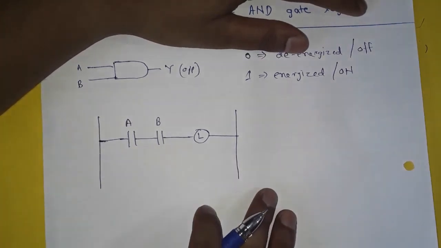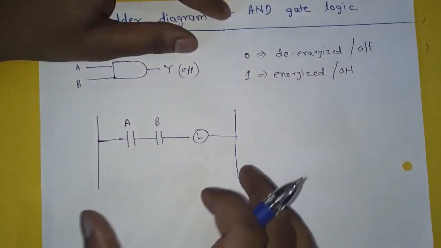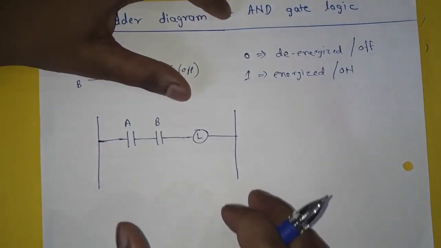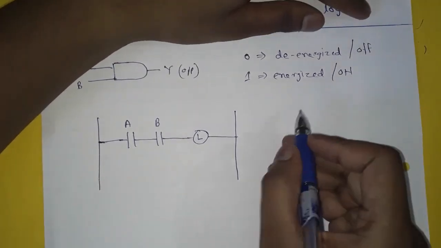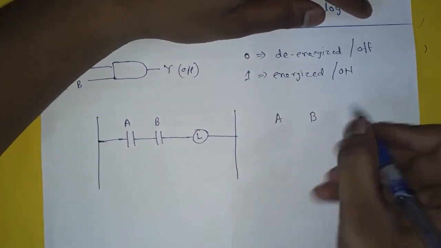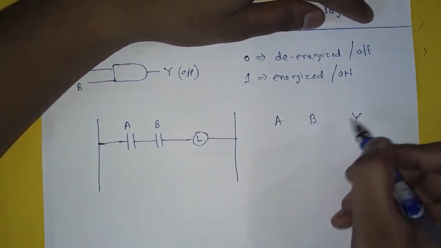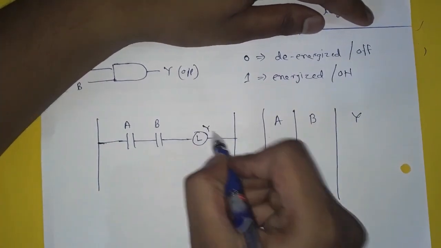To understand how the AND gate logic works in the ladder diagram, let's see a truth table and its explanation. Here this is A, this is B, and this is Y, that is our output.